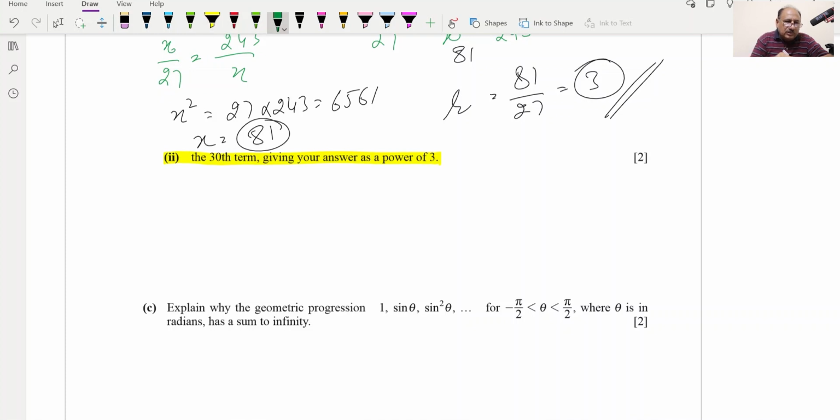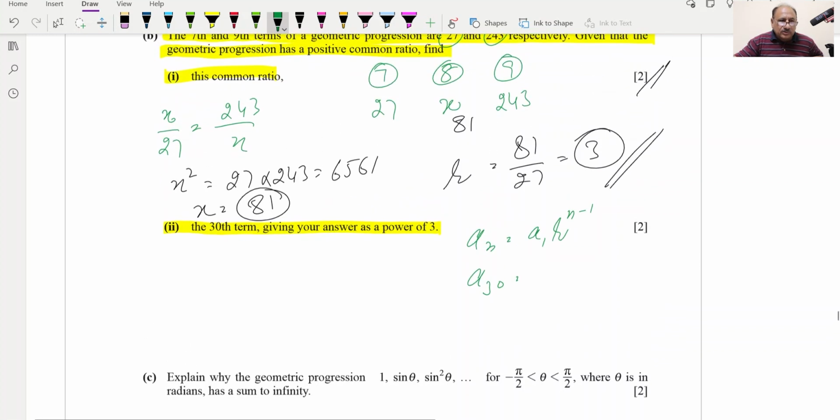So for 30th term, we know the formula an is equal to a1 r raised to the power n minus 1. So a30 will be equal to a1, which is basically 27. We need to find a value.